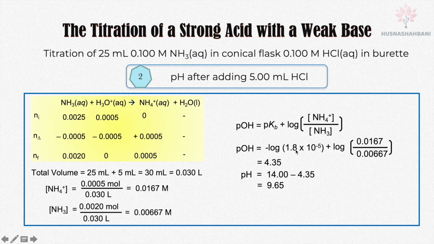So we have the value of Kb, negative log 1.8 times 10 to the power of negative 5, plus log the concentration of the salt or the conjugate acid over the weak base concentration. It will get pOH 4.35, and then pH equals 14 minus pOH. This is the pH after adding 5 ml.